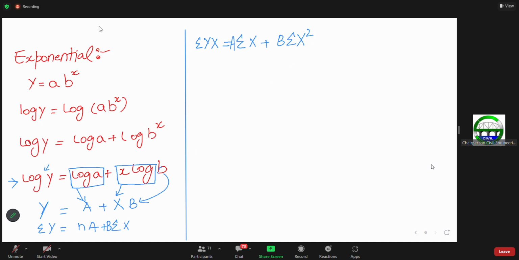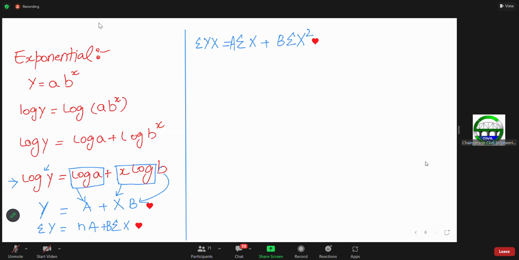So now our three equations will be like first this one, then this one, and this one. These are my three equations that I can use to calculate. And once we calculate capital A, capital B, capital sigma x squared, capital Y X, then I will put this value back in here and then calculate.